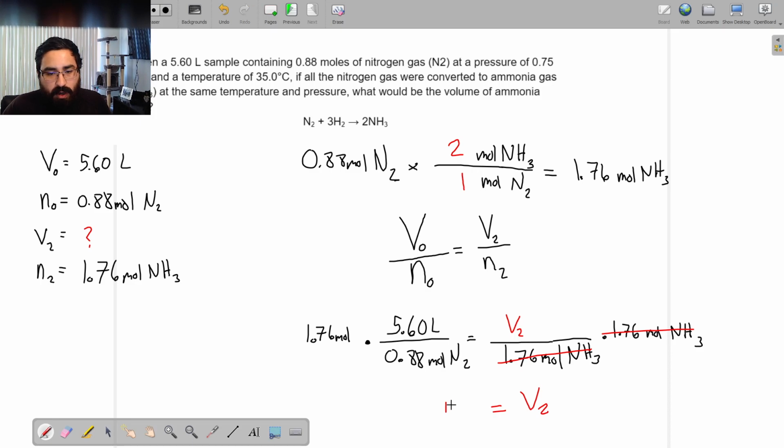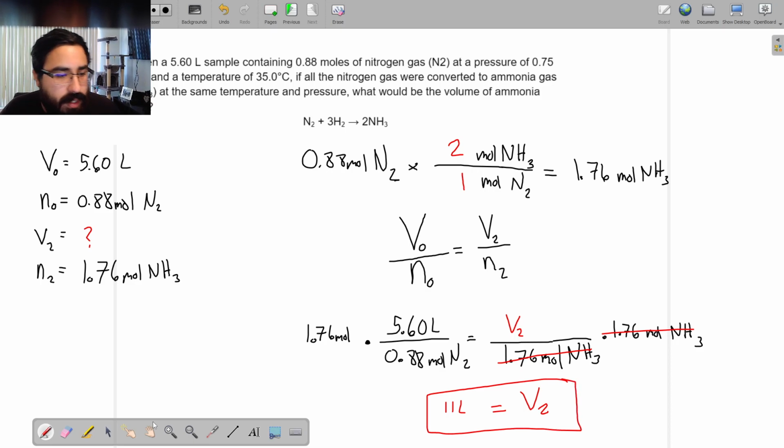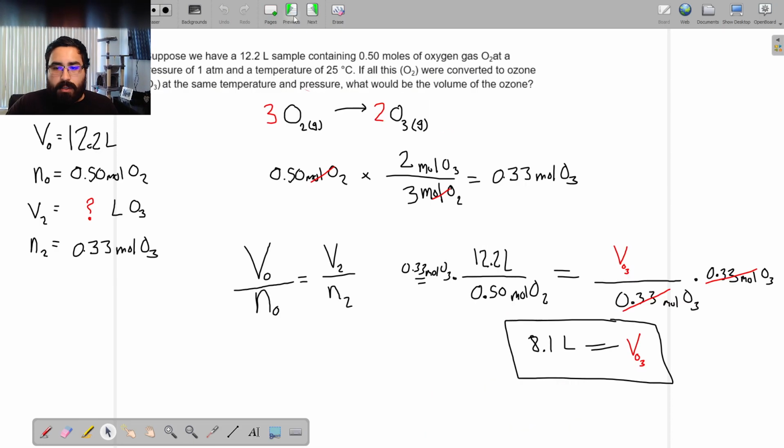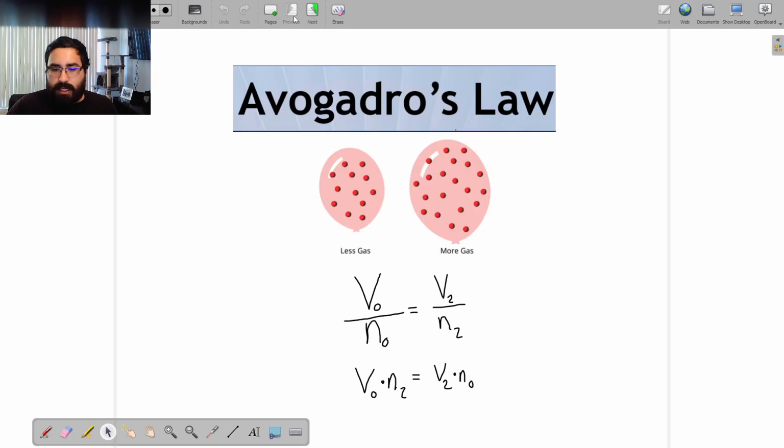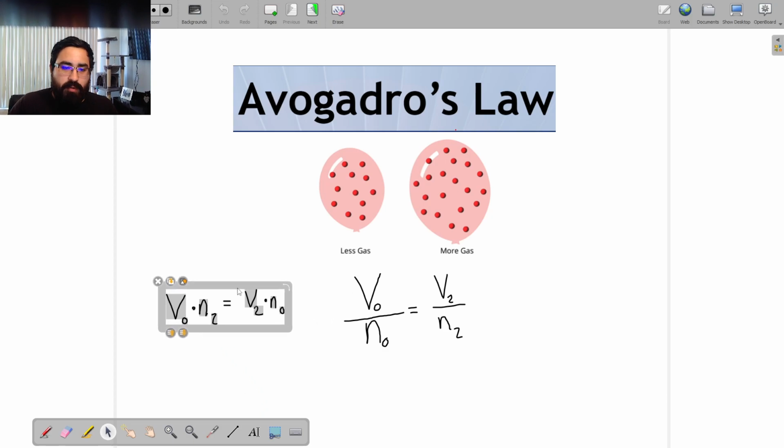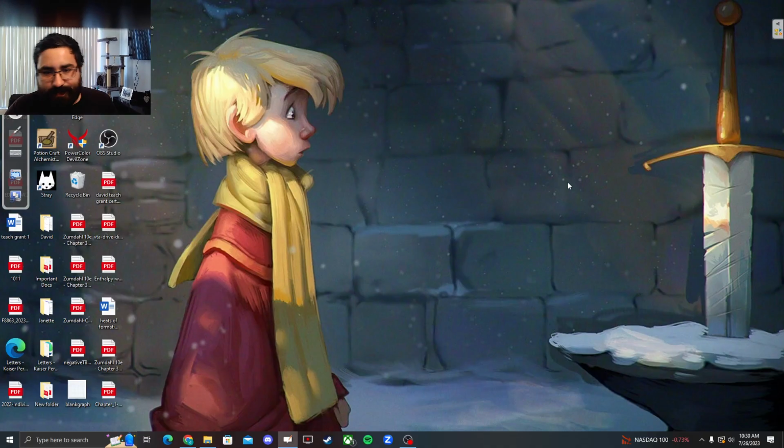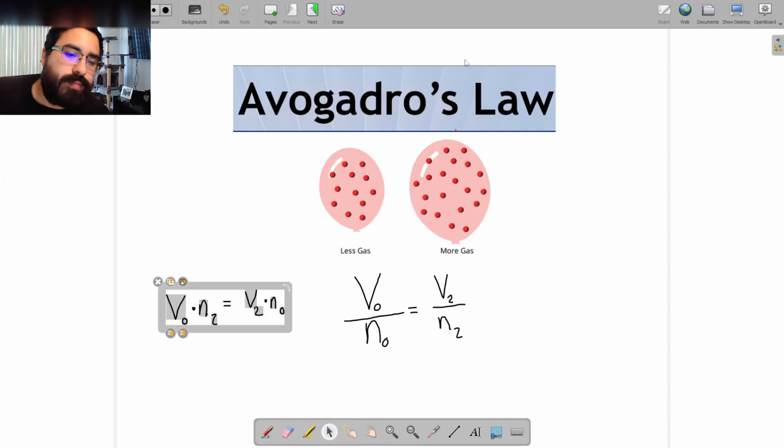So we're going to have 11 liters as our answer. All right, and that right there is it, people. So that is how you use Avogadro's law. You could also use it like this. Either way would be fine. You end up getting the same thing. It doesn't matter. All right, so have a good day, people.